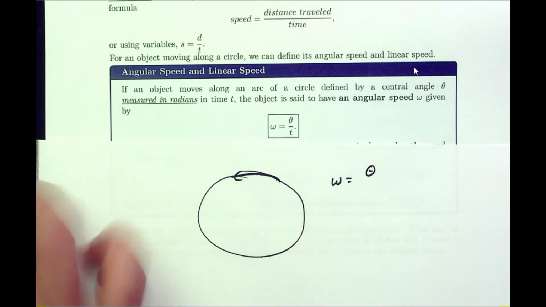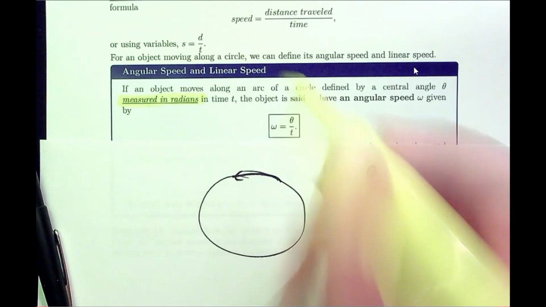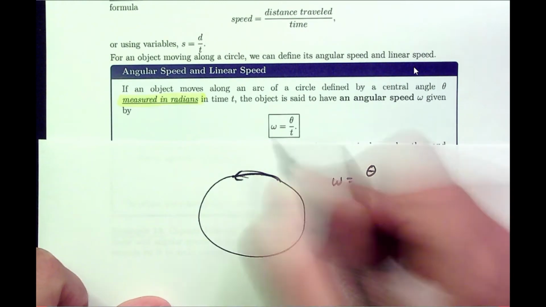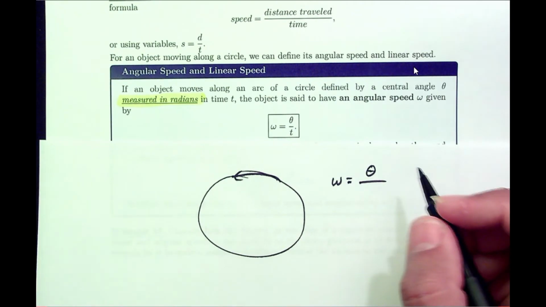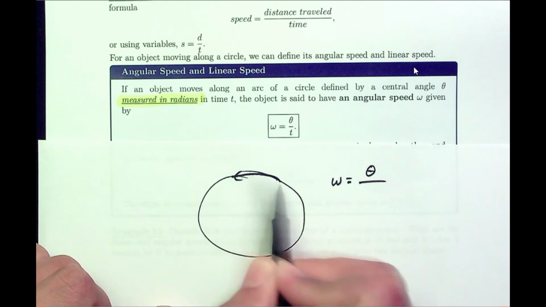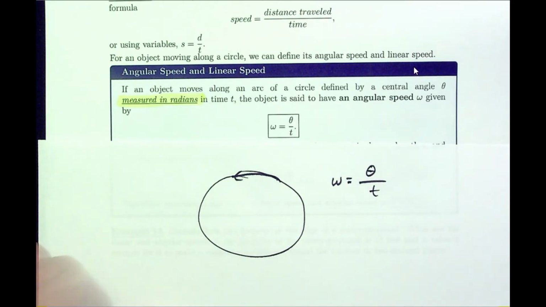I put it right there, so let me highlight it. There's another formula for degrees, but it's different. You would have to change the radians to degrees and then use this formula, and you would get the corresponding formula for degrees. So it is just the distance traveled in terms of radians divided by the time. Again, the formulas are almost the same.